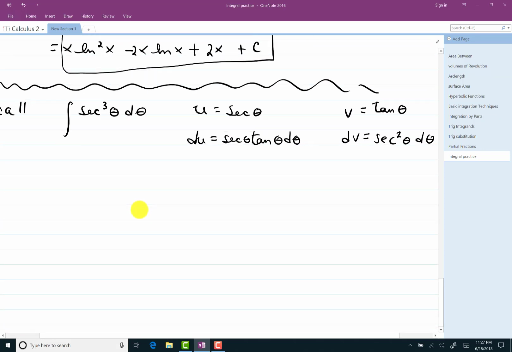So this integral becomes secant theta tangent theta minus the integral of secant tangent squared theta.